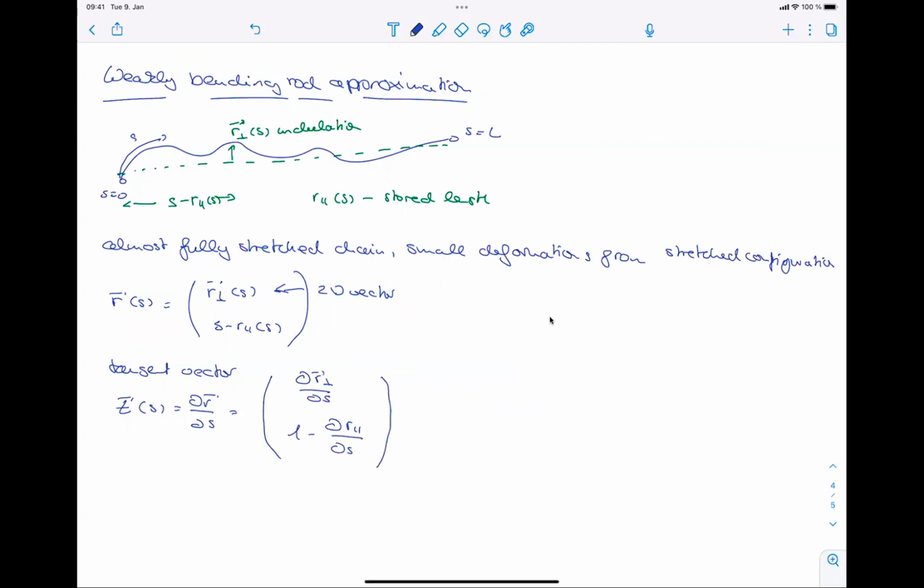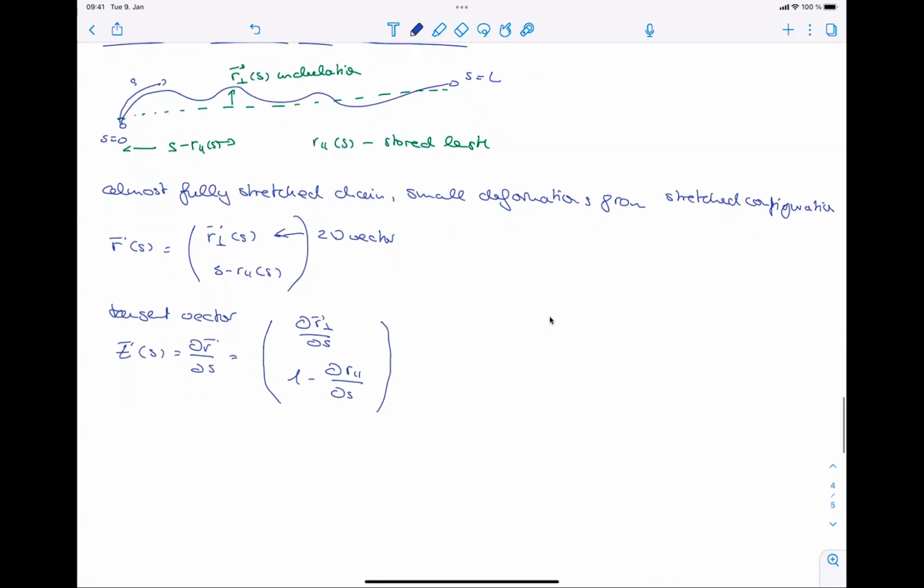Sorry, that's a vector. Now remember, the tricky thing was the inextensibility constraint. So inextensibility requires that locally the absolute value of the tangent is equal to 1.